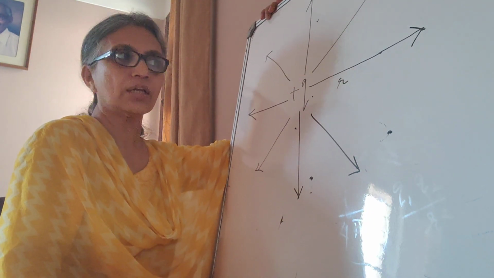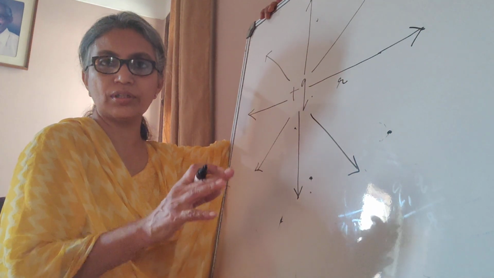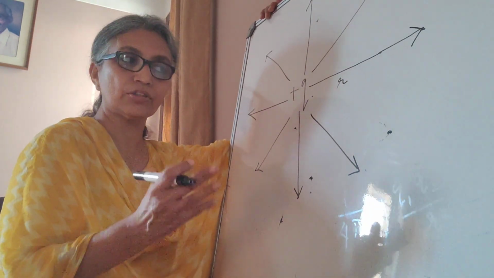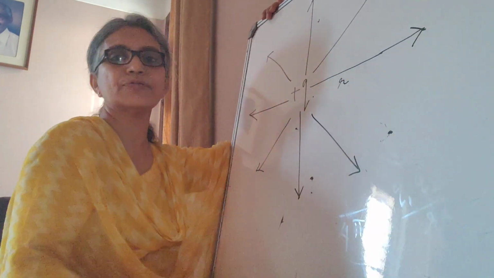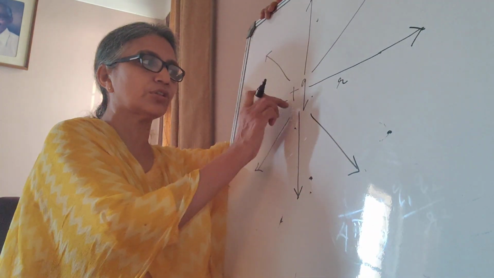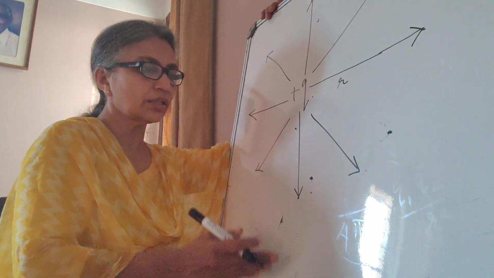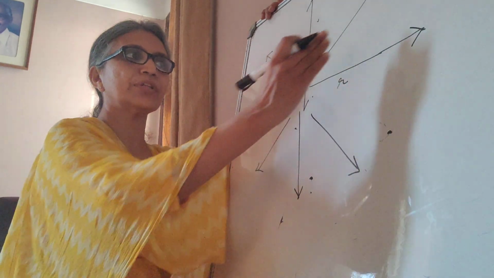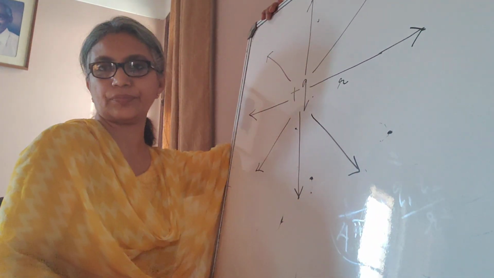So electric field lines are actually imaginary lines which are drawn to represent the direction in which a unit positive charge will experience a force due to this plus Q, the source charge. So you will see the electric field lines definitely have to be radially away from the positive source charge.